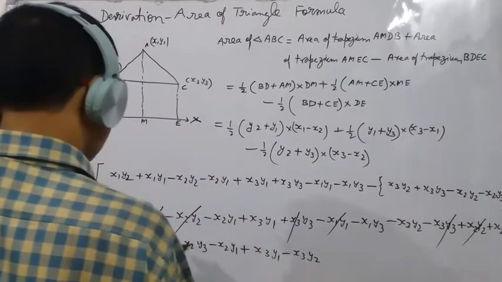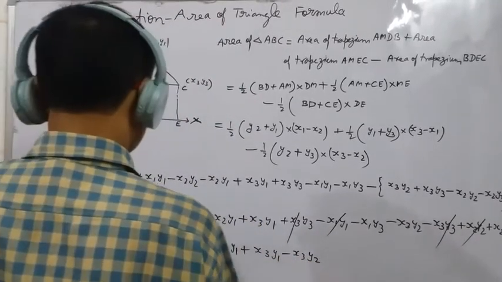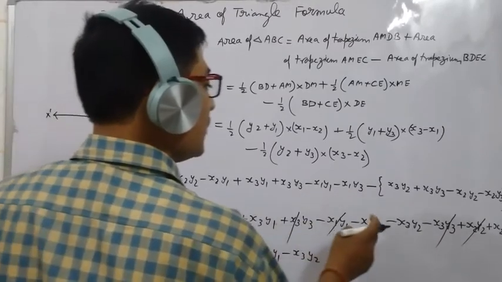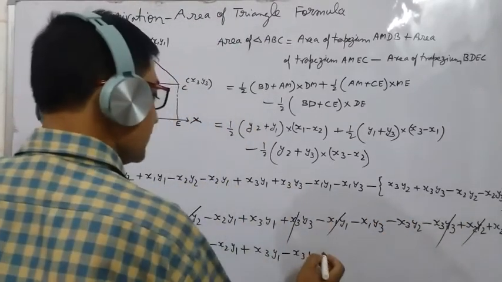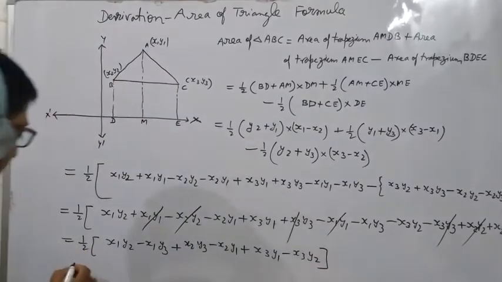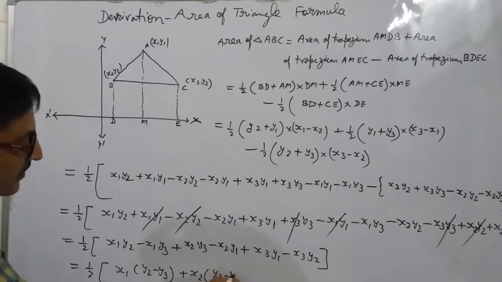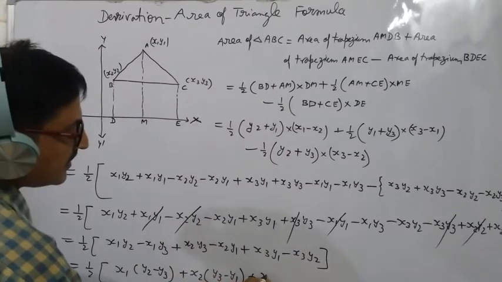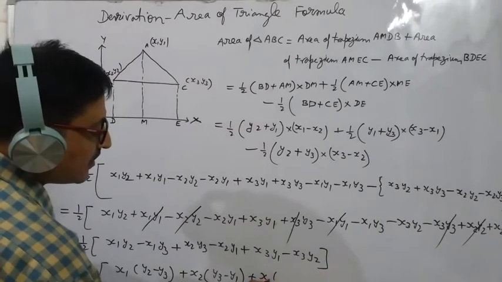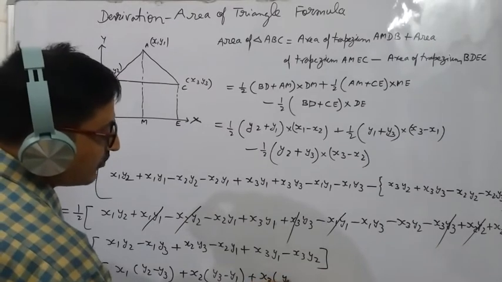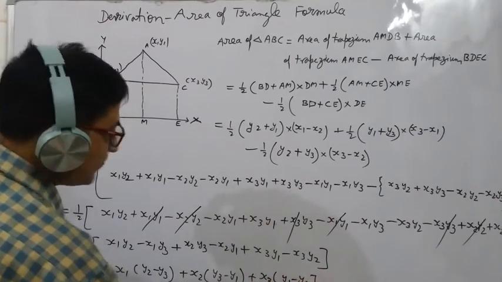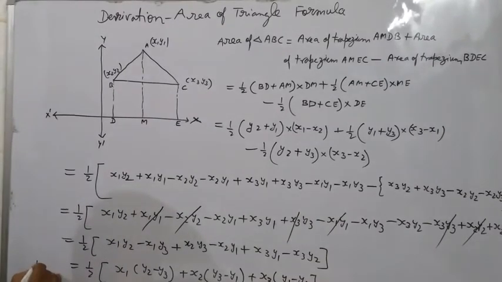Six terms were cancelled. Now take the common 1 by 2, and x1 common: x1 times y2 minus y3, plus x2 times y3 minus y1, plus x3 times y1 minus y2. This is the area of the triangle formula.